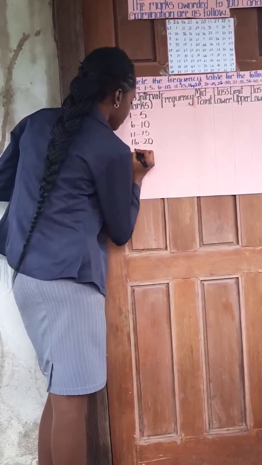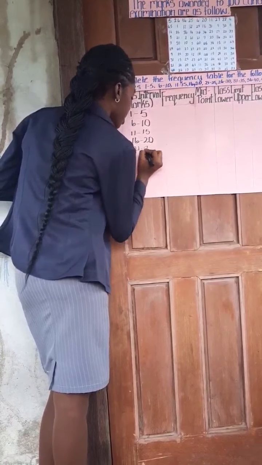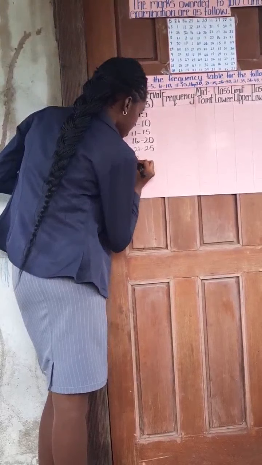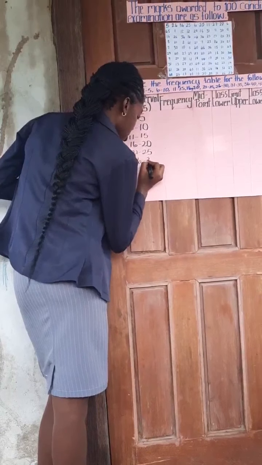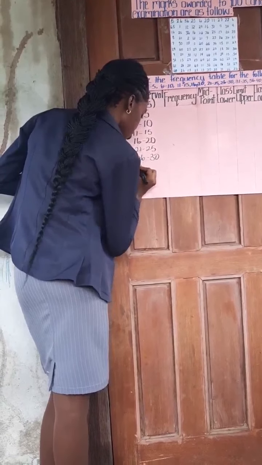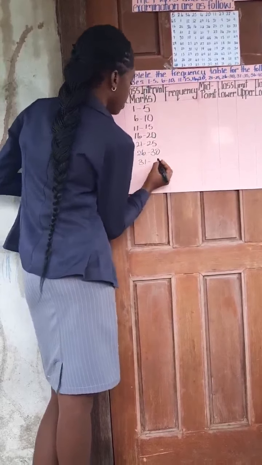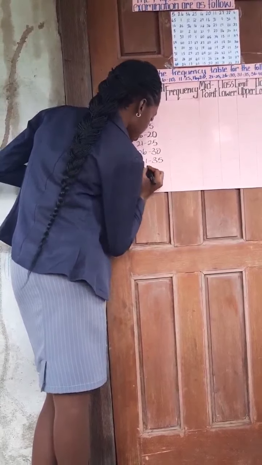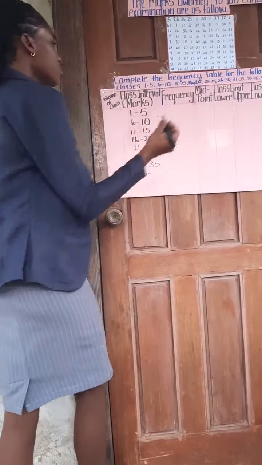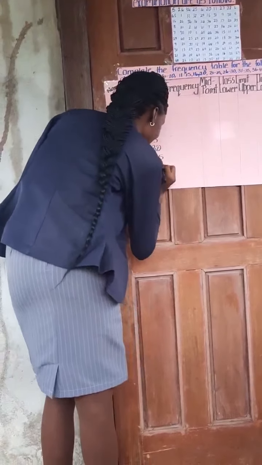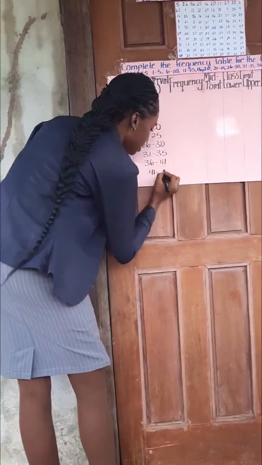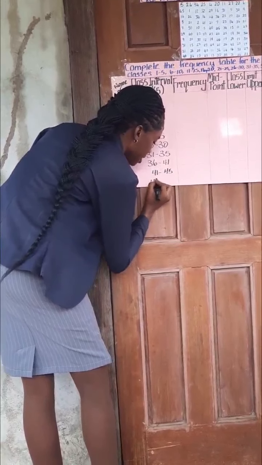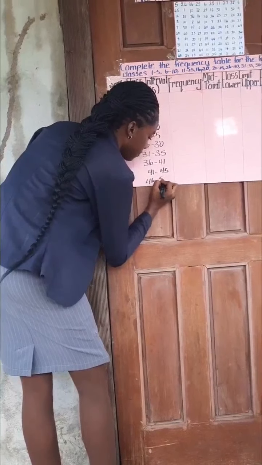We have 21 to 25, 26 to 30, 31 to 35, 36 to 40, 41 to 45, and 46 to 50.